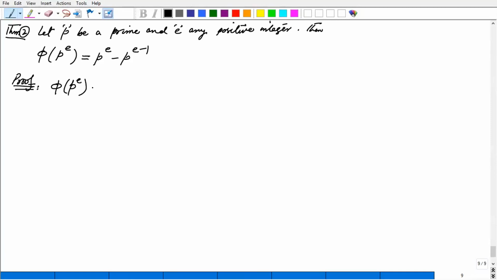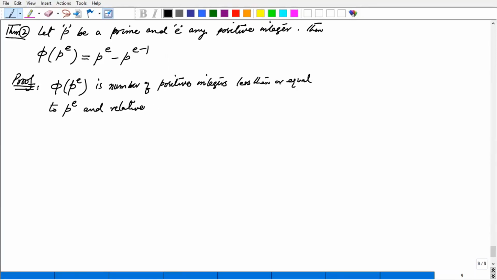It is the number of all positive integers less than or equal to P to the power E and relatively prime to it.